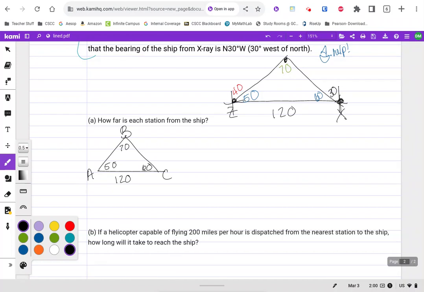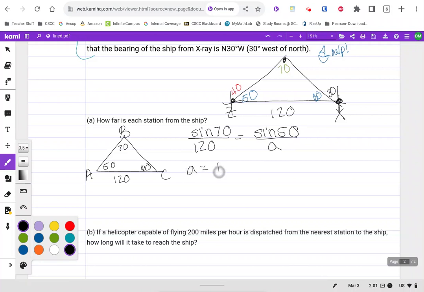All right. So I need to find all of my sides. I'm going to start with sine of 70 over 120 equals sine of 50 over A. A is going to equal 120 sine of 50 divided by sine of 70.